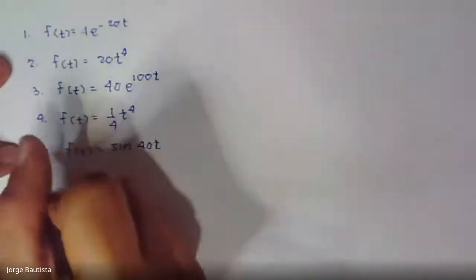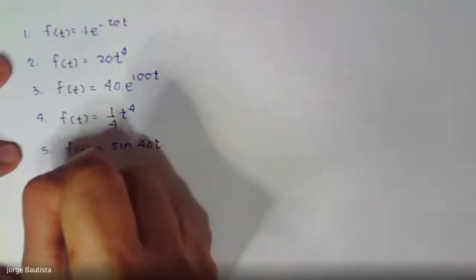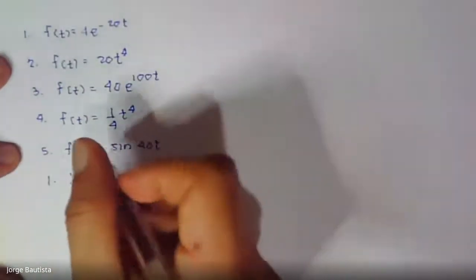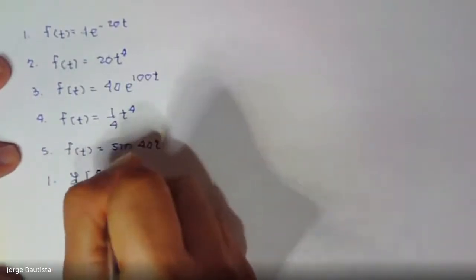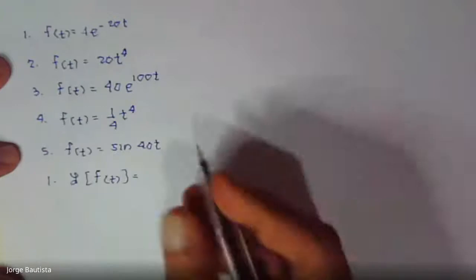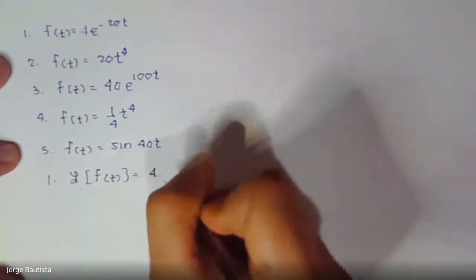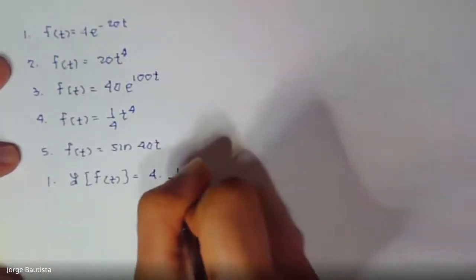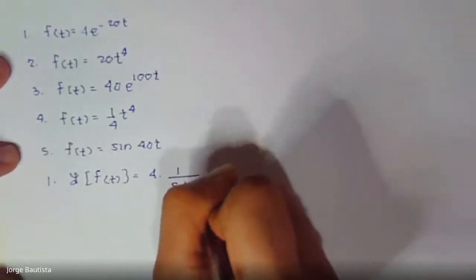Okay, so for number 1, we have Laplace. Ganyan yung symbol ng Laplace, L, of f of t. Kukunin mo yung Laplace nito. Yung 4, nilalabas yan kasi constant. So, 4 multiplied by 1 over s plus 20.